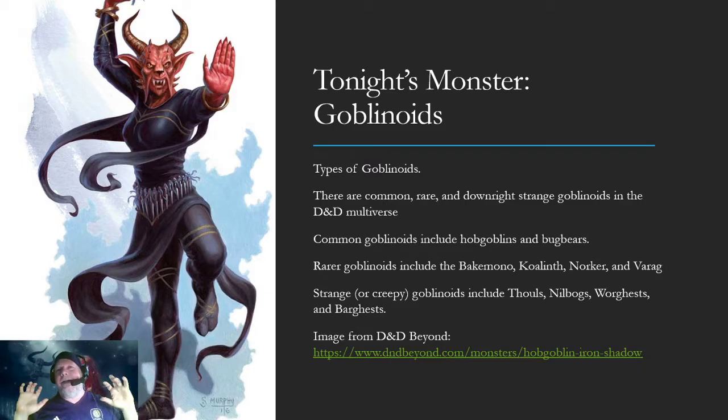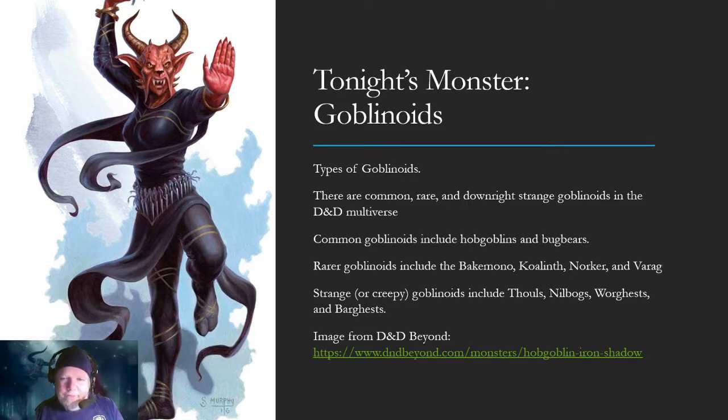There's so many different types of goblinoids that I had to classify them three different ways. There's the common goblinoids, the rare goblinoids, and then just the downright strange goblinoids that are part of the multiverse. If we want to look at the common goblinoids, those include the hobgoblins and the bugbears.